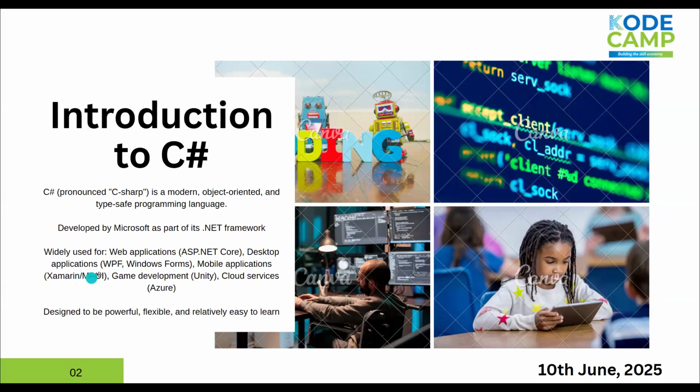Then for those who would want to go into game development, C Sharp can be used to build games, using Unity, which is an environment for that, then cloud services and Azure. So C Sharp can basically build most applications and software. It's designed to be powerful and flexible and relatively easy to learn.